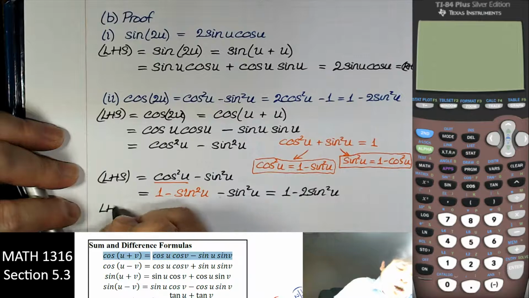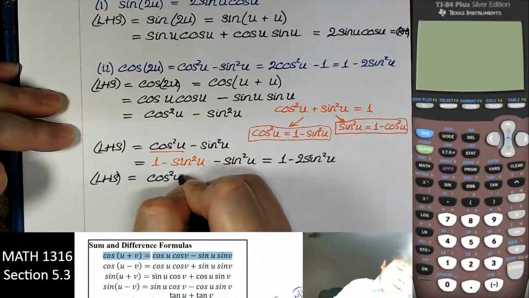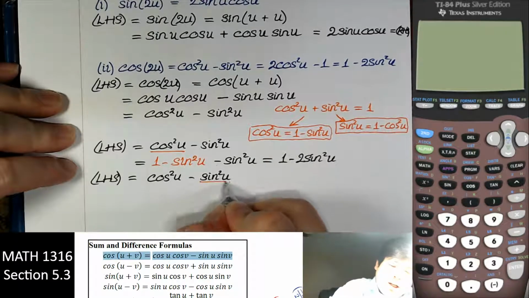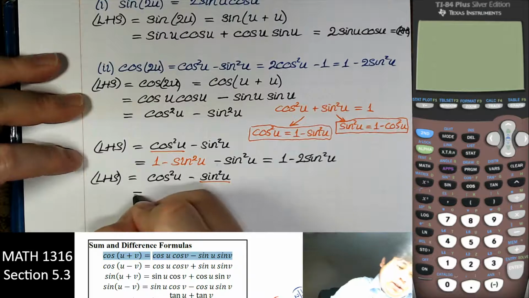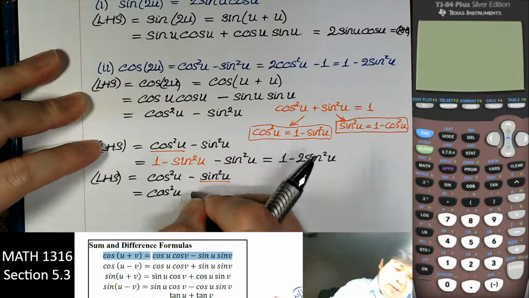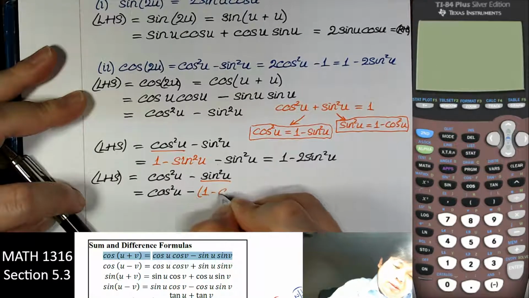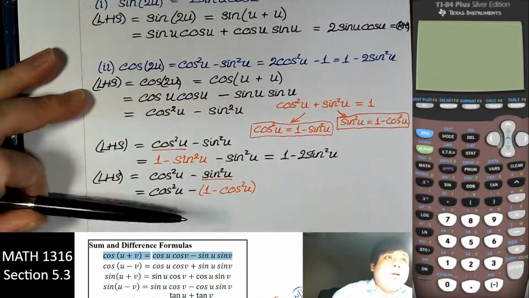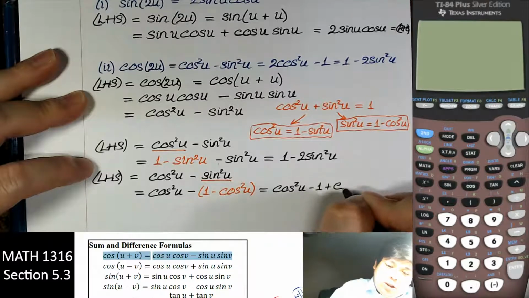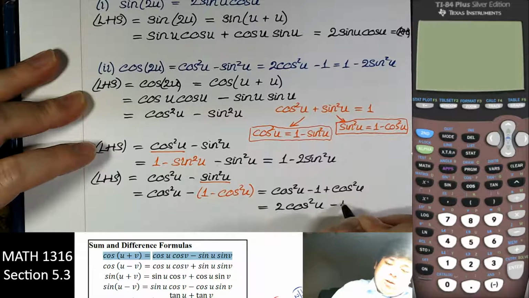Now, if we try something else and we substitute sine square into this, so we have cosine square minus 1 plus cosine square, which is 2 cosine square minus 1.